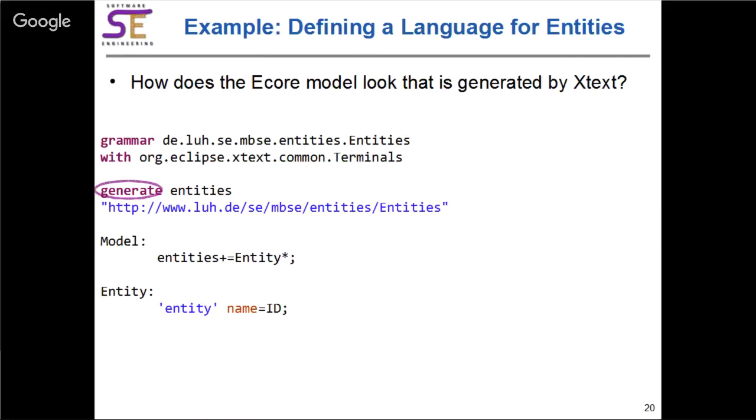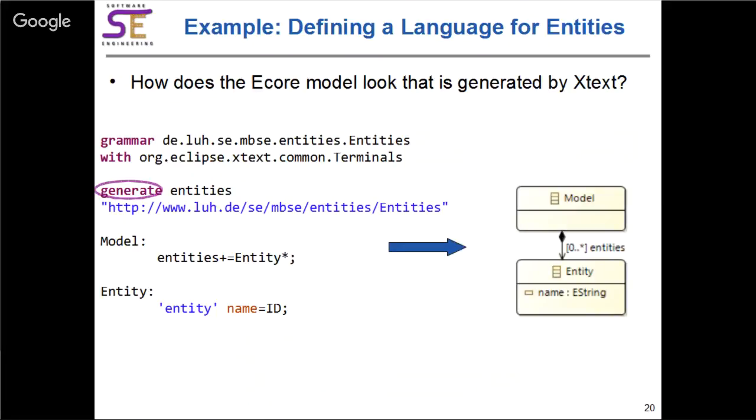So there will be a model which has a many-valued reference, entities, which will then contain the entities as they are parsed by subsequent applications of an entity rule. So this means we will have one model containing many entities. The entities can have a name. So that's the kind of meta model that we expect.